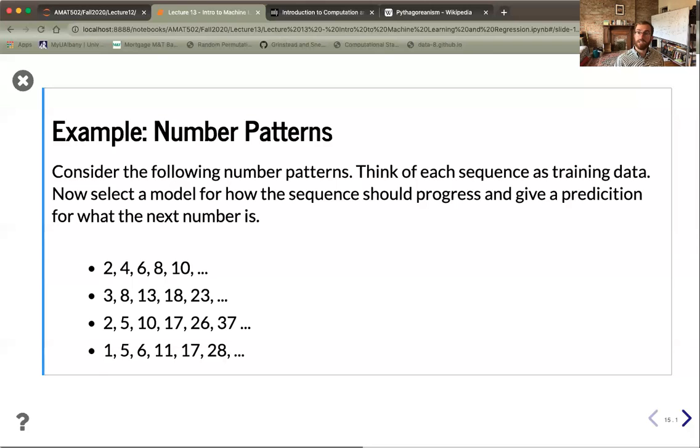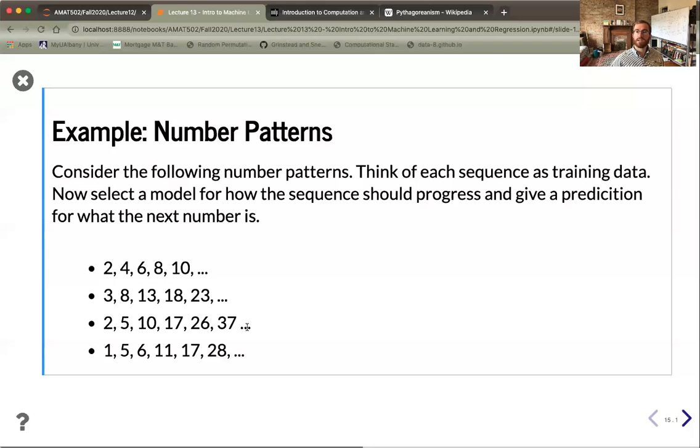Is the difference between each number constant? Well, the difference between 2 and 5 is 3, but the difference between 5 and 10 is 5. The difference between 10 and 17 is 7. So 3, 5, 7, 9, 11.